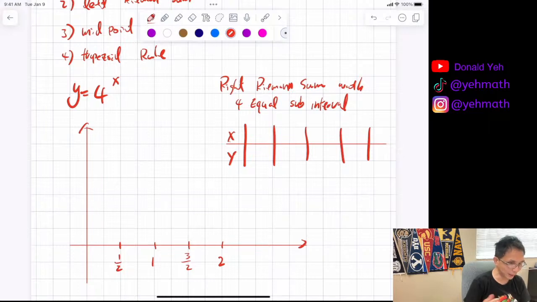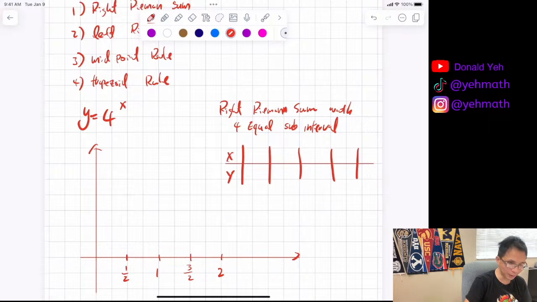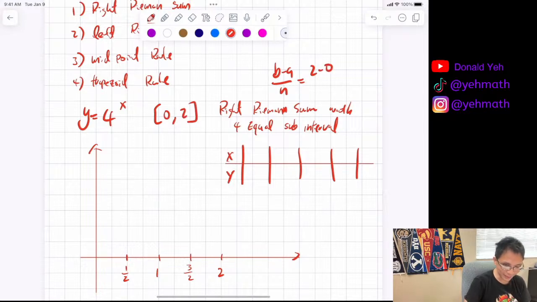Okay, 4 equal subintervals, and the best thing is to draw things out. So I'm going to plug in a value. How do I know the 4 subintervals? The interval width you can do is b minus a over n. We have b, which is 2, so we're going to start at 0 and go to 2. So we do 2 minus 0 over how many subintervals I want, 4, right?